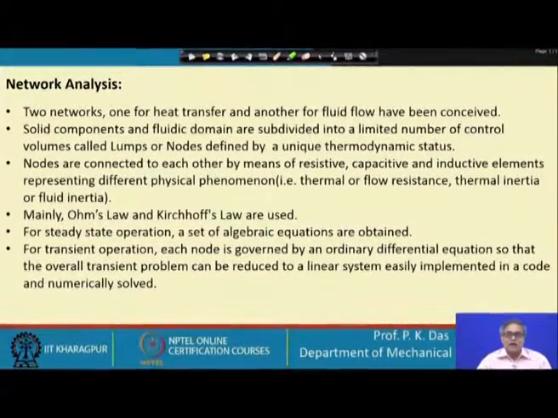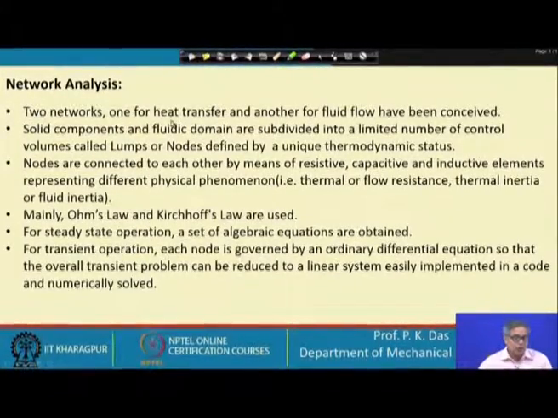lumps or lumped elements. And if one wants to do a better analysis, then each of the parts I have mentioned, that is the evaporator or condenser, can be subdivided. This is how we get different nodes or lumps.